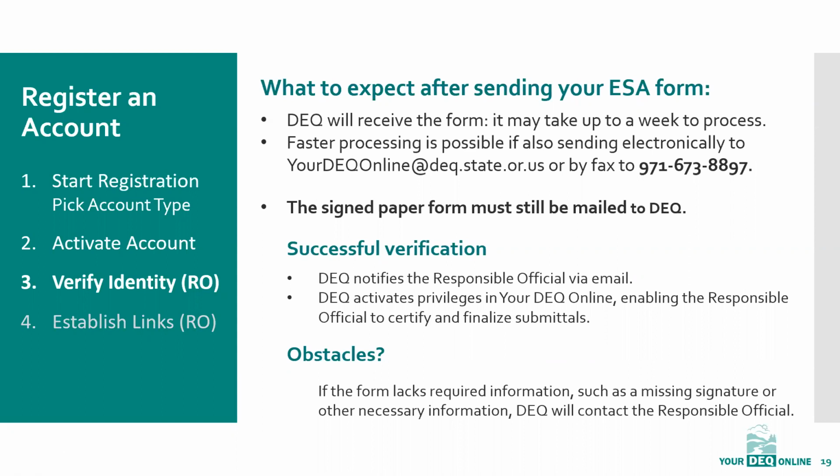While you are waiting for that successful verification, you can start submittals, but you just can't finalize them. If there are any obstacles, the help desk will contact you, ask you for information, and help you work through it. We'll be in touch with you, so we won't leave you hanging.